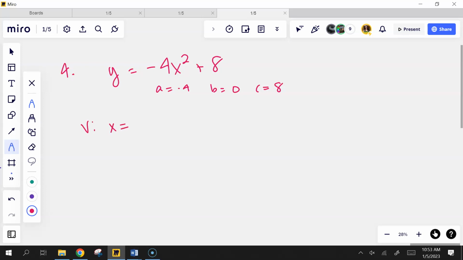Opposite B, what is B? Over 2A. Can you have a 0 on top? I don't know, you tell me. There's some place you can't have a 0. Where can you not have a 0? At the bottom. The bottom would make it undefined. The 0 just up top just means that this equals 0.